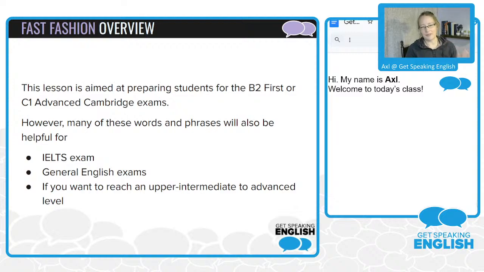Also general English exams, and just anybody who is looking to speak English at an upper intermediate to an advanced level. Even some of the language is definitely applicable for those wanting to do a C2, right? Reach proficiency in English, right?